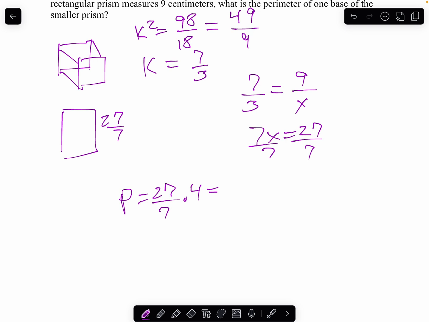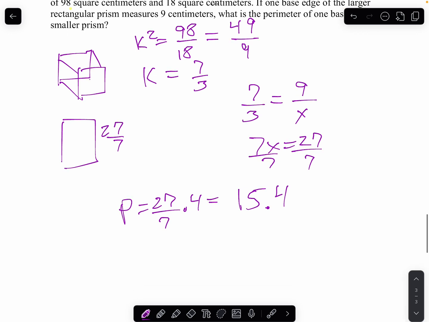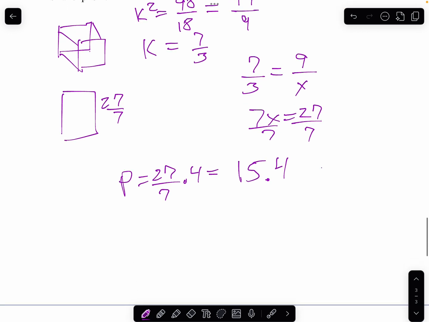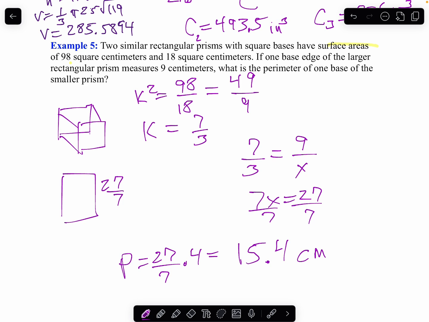And we'll just write it out, and we'll say 15.4. And this would be centimeters, wouldn't it? And there's your answer, because we're just finding the perimeter of the base of the smaller prism. So my smaller prism has a perimeter of 15.4, because that's all they were asking.